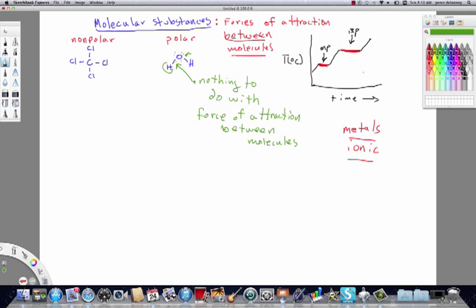This is a force of attraction within the molecule. And by the same token, we can make exactly the same argument for the bond between the Cl and the carbon.